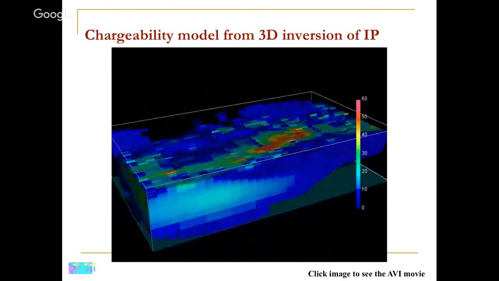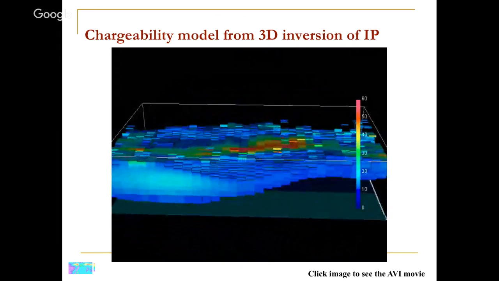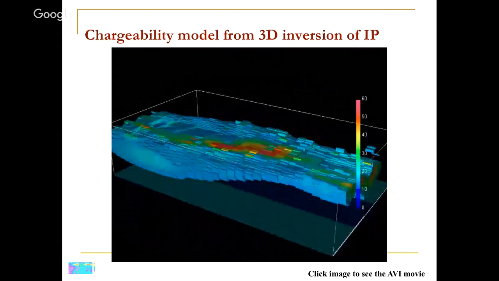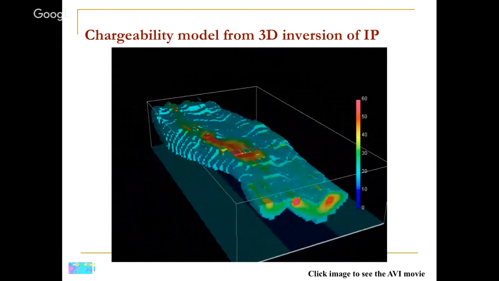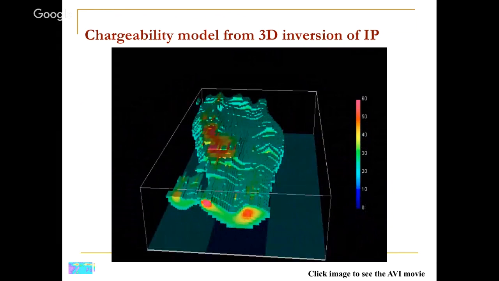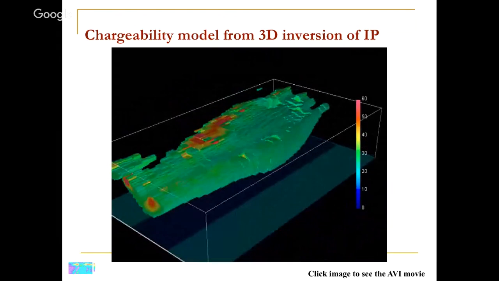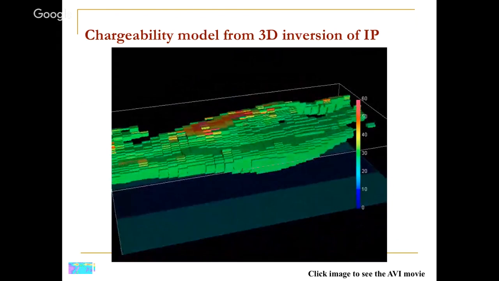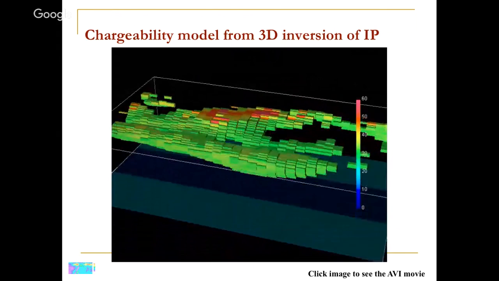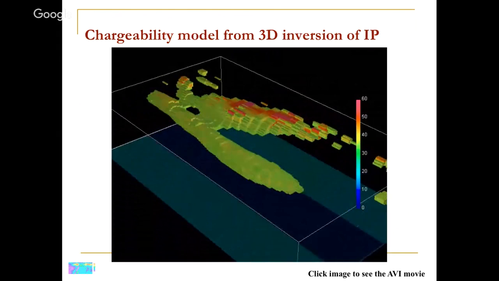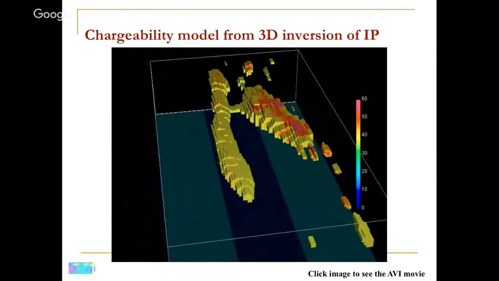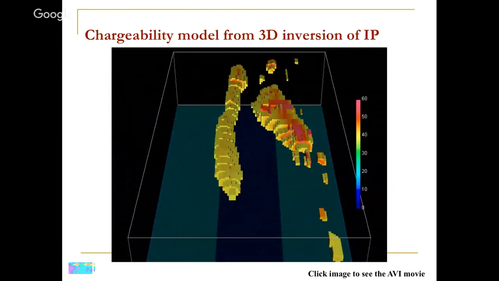And now we're doing the isosurface. Again, we're just turning it around, and now any chargeability less than a certain value becomes transparent. And there's the final value.